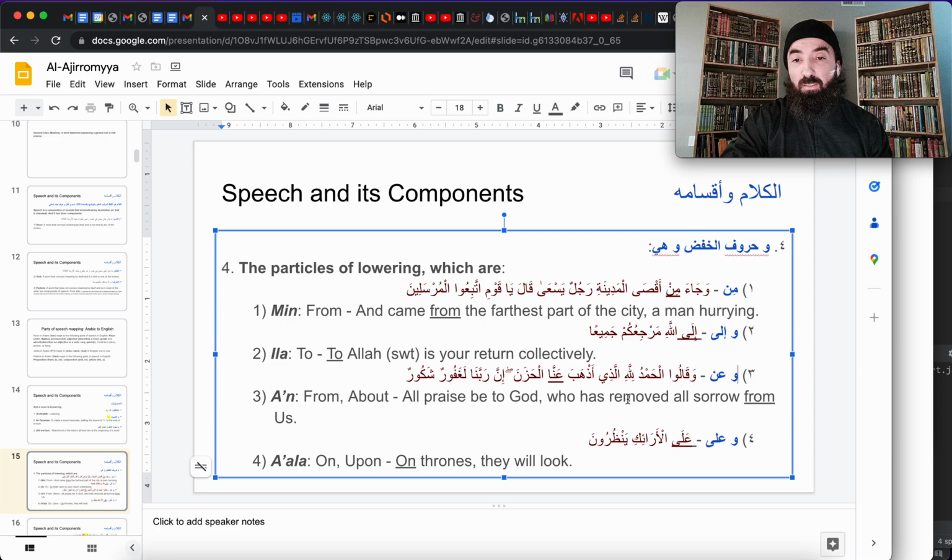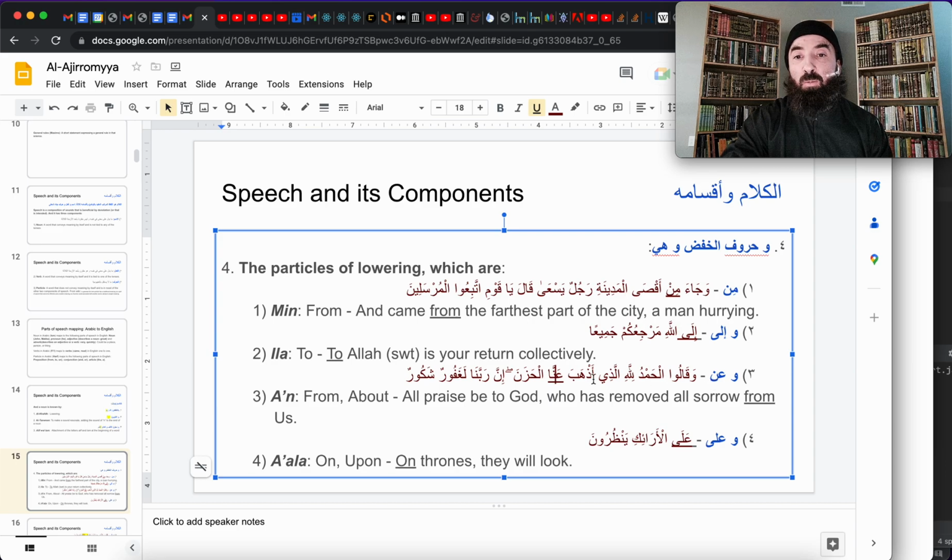Where is an here? An is here. And here there are two words merged into one. These are actually two words, so an is in this verse, but it's just merged into the next word. That's why it's spelled this way.